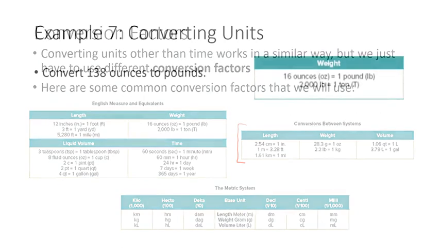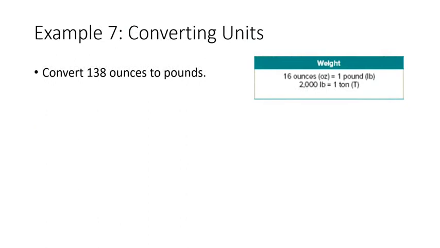So let's say we want to convert 138 ounces to pounds. From our conversion factors, there are 16 ounces in 1 pound. So we have 138 ounces, and we want to convert that to pounds. To do that, we want ounces on the bottom so that they'll cancel out, and pounds on the top. If we look at our unit conversion, there are 16 ounces in 1 pound.